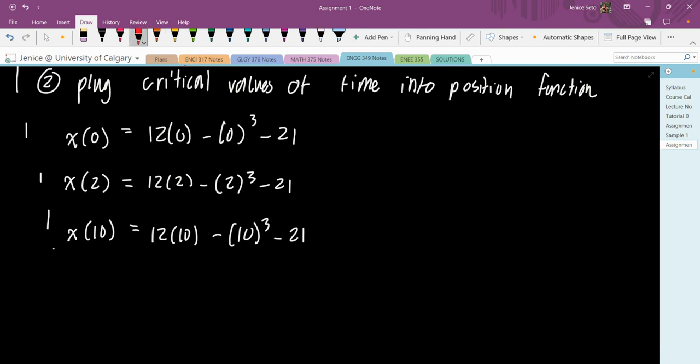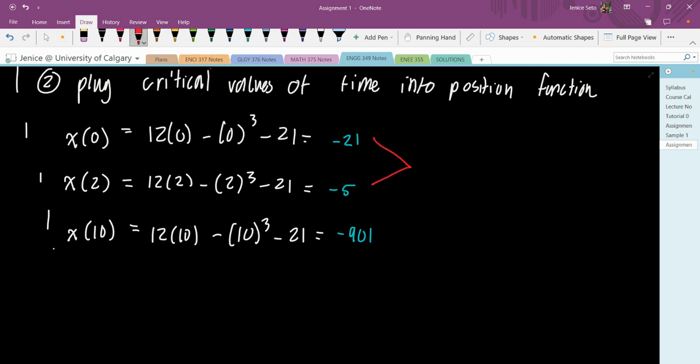Okay, and next we are going to find what those give us. So the values that we find are negative 21, negative 5, and negative 901.